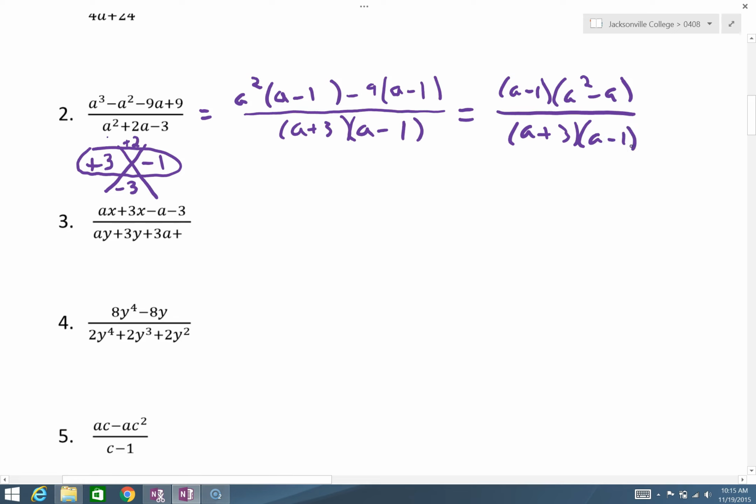Hopefully you can see that a minus 1 will cancel with a minus 1, but also this is a difference of 2 squares. A squared minus 9 is the same as a plus 3, a minus 3. The a plus 3 cancels with the a plus 3 to leave only a minus 3. That's my final answer, a minus 3. Number 2 is a minus 3.